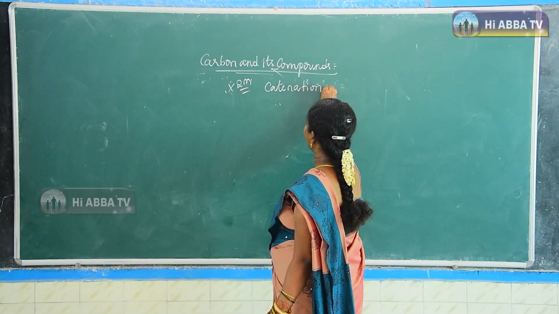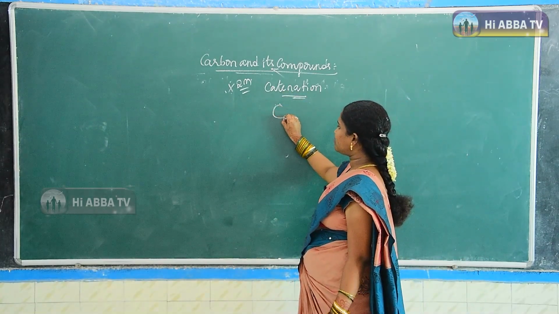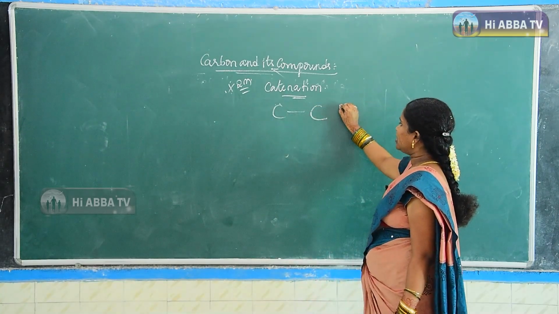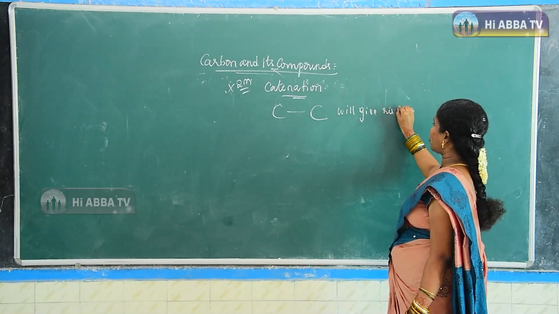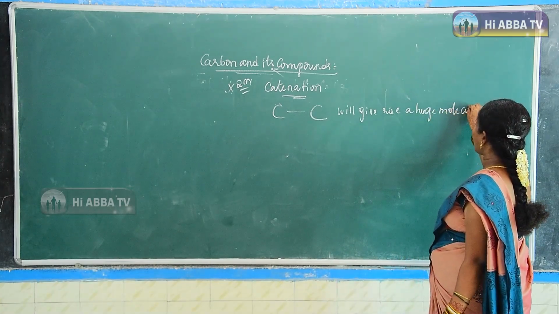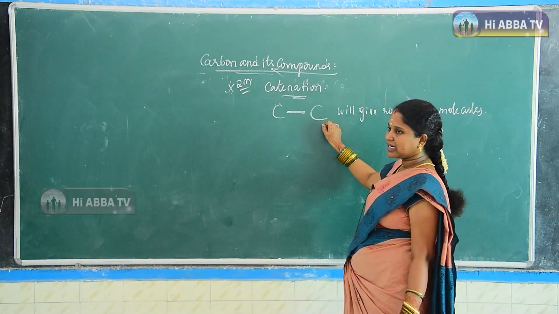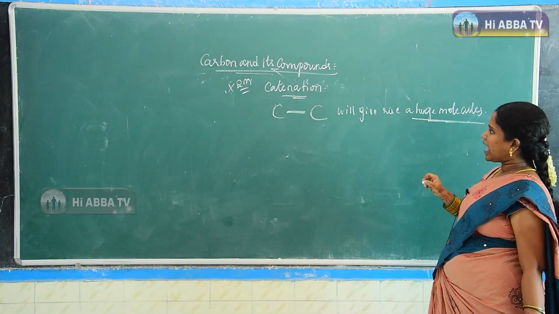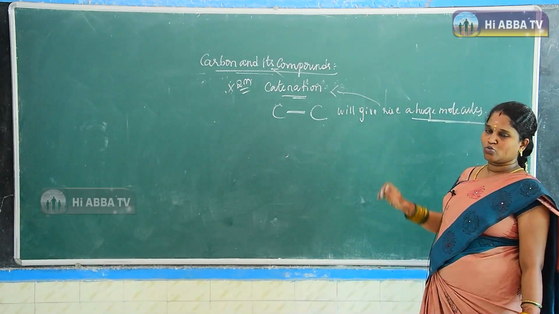Carbon will form bonds with other carbon atoms and give rise to a huge molecule, and that property is called what? Catenation. This is one 2 mark question.